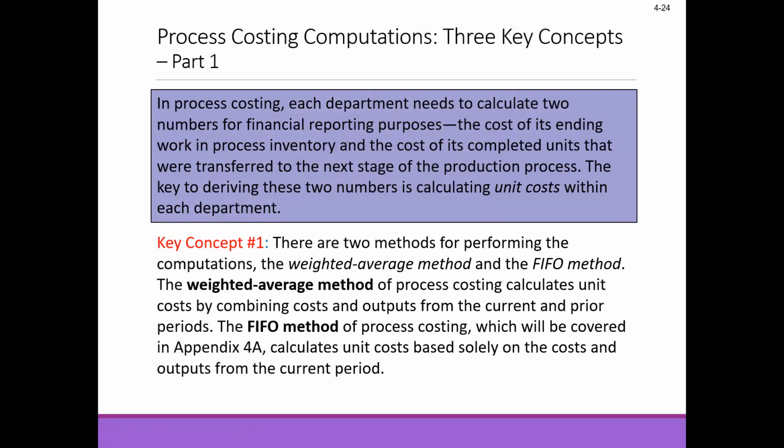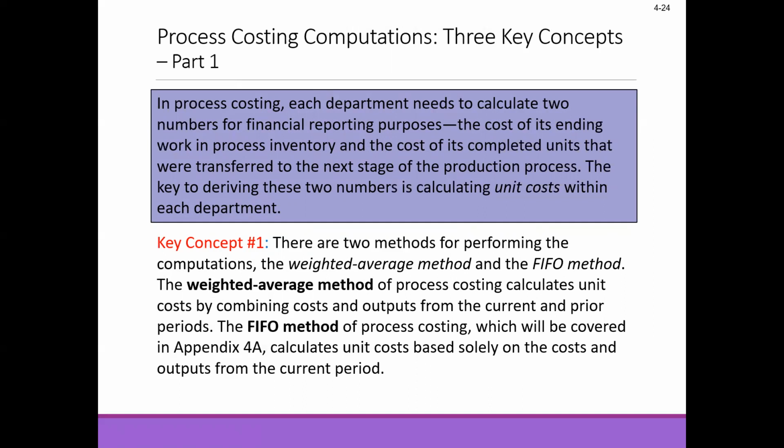In process costing, each department needs to calculate two numbers for financial reporting: the cost of its ending work in process inventory and the cost of its completed units that were transferred to the next stage of the production process. The key to deriving these two numbers is calculating unit costs within each department.